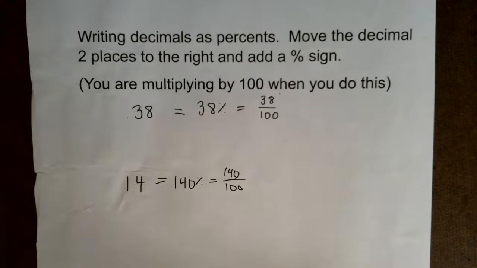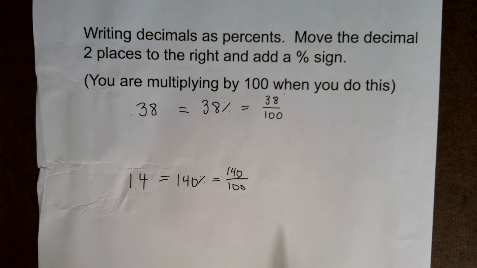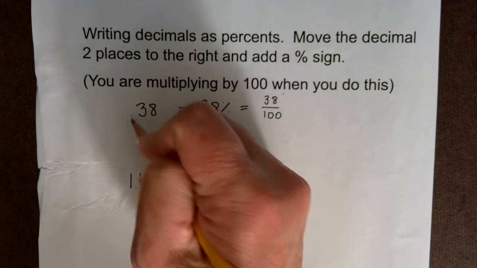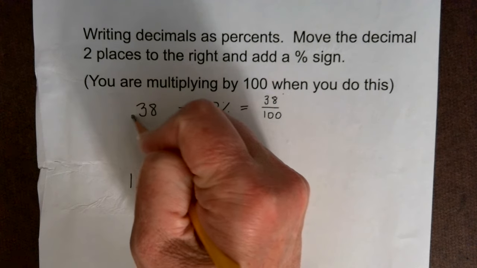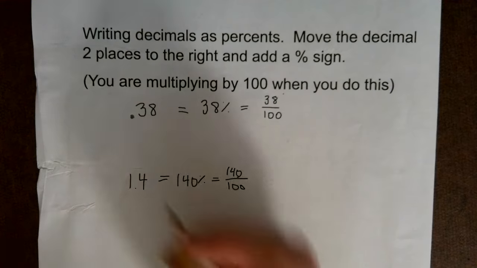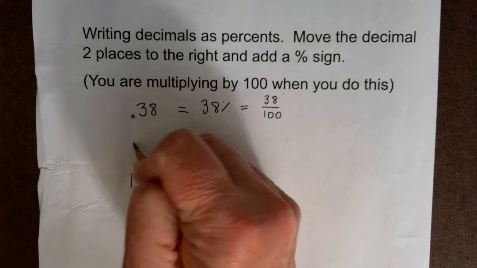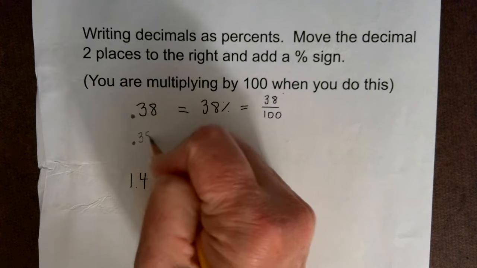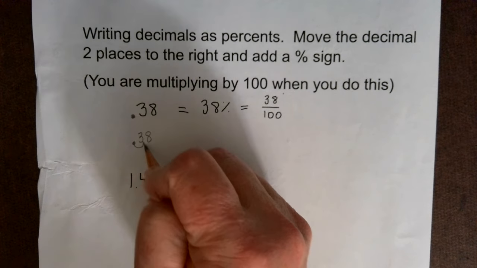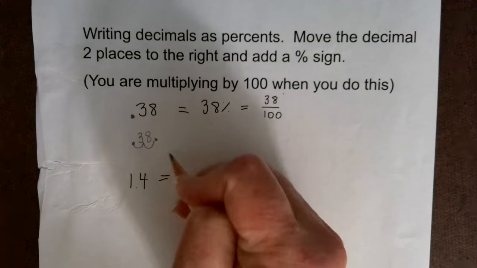And then when you're writing decimals as percents, you want to take the decimal point. So here's my decimal of 38 hundredths. You're going to move the decimal point 2 places to the right and add a percent sign. So if I want to change 38 hundredths to a percent, I move the decimal 2 places to the right.